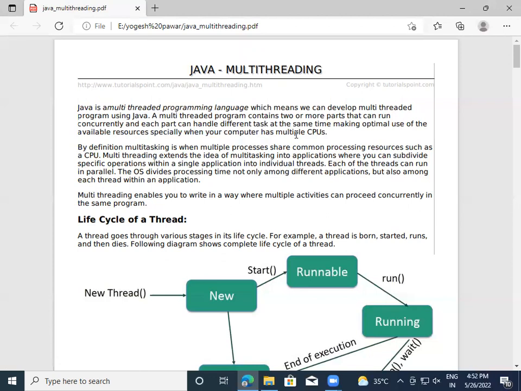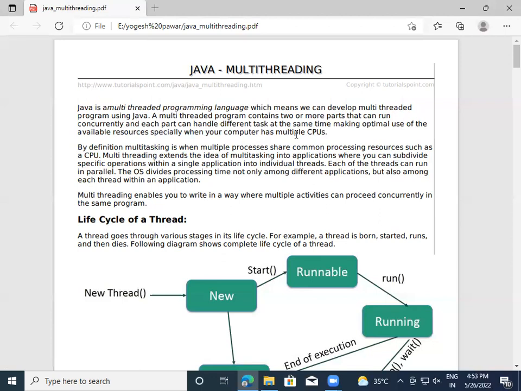So basically, let us say that the computer has multiple CPUs. It means that we can also consider the multiple cores of a single computer. And if you want to execute multiple tasks at the same time, then with the help of the multi-threading concept, I can run it very easily.